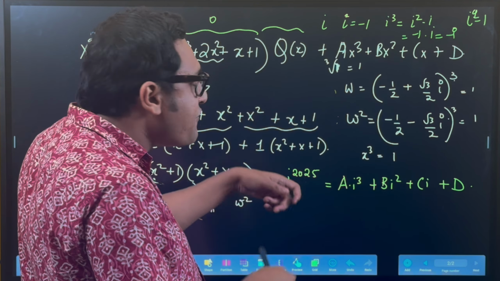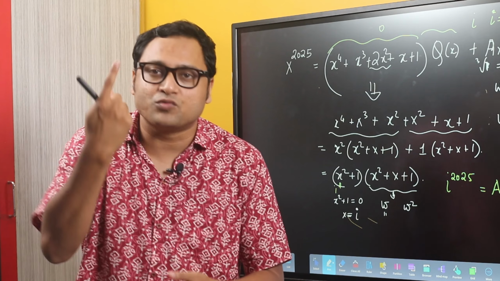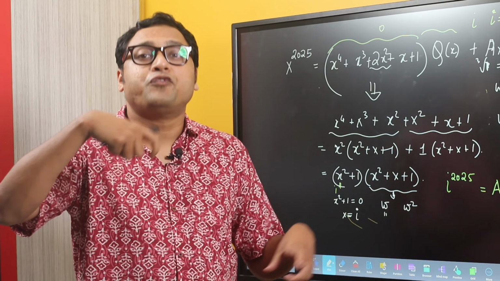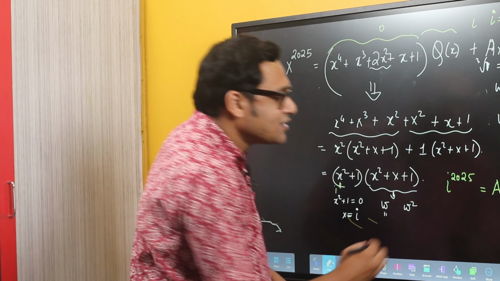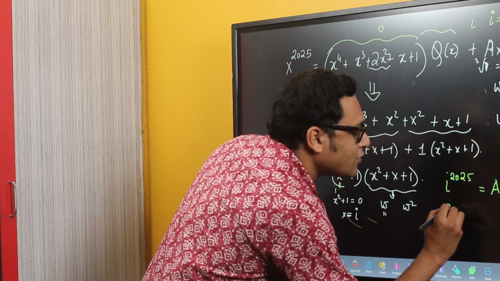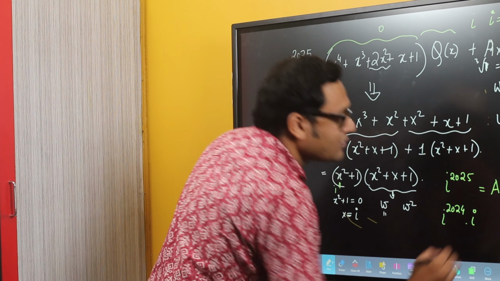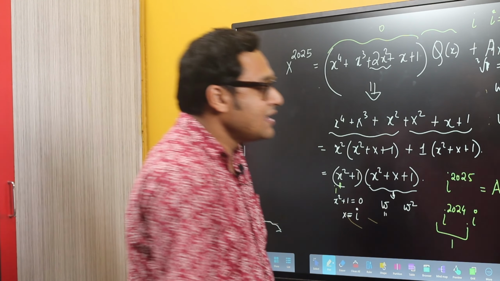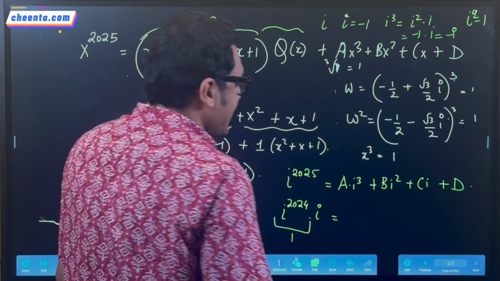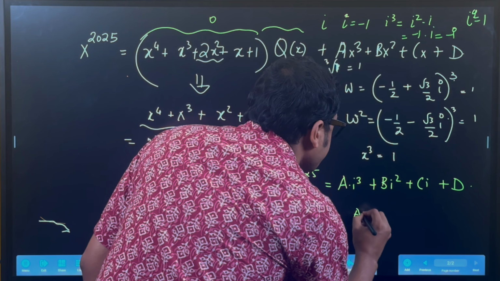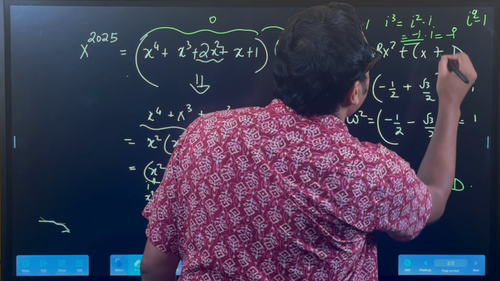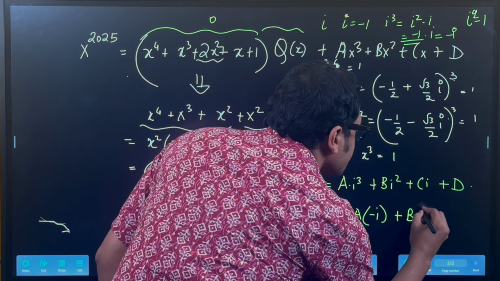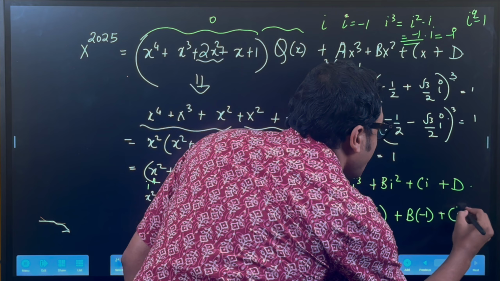So every fourth power of i is 1. 2024 is a multiple of 4, so we can write it as i to the power 2024 times i, and this is 1. Every fourth power of i is 1. And this part is A times i cubed, which is minus i. So A times minus i plus B times minus 1 plus C times i plus D.